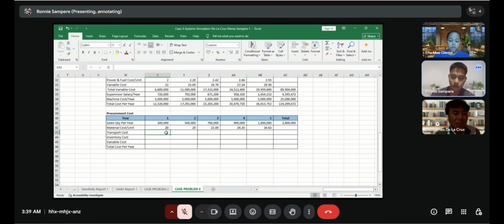For transportation, the first year is 2 pesos, and then to calculate year 2 the formula is equals to the previous, then we add 0.2.